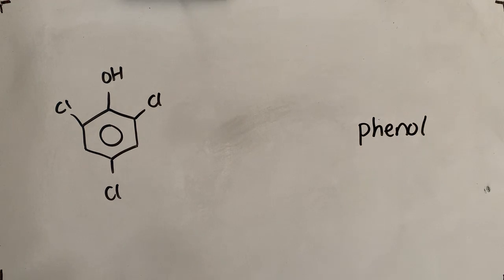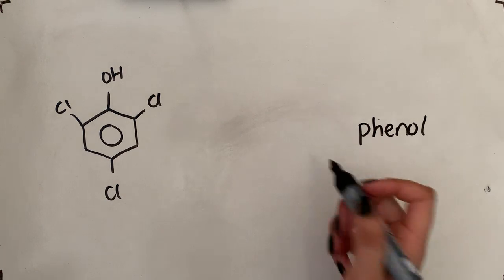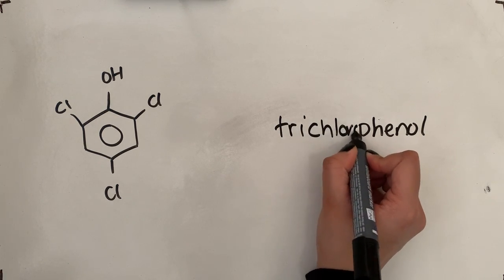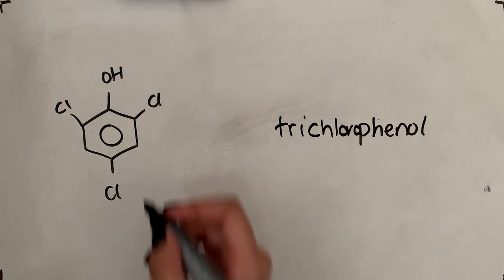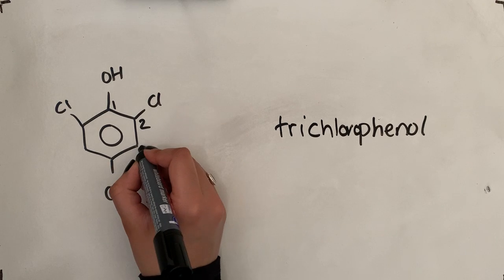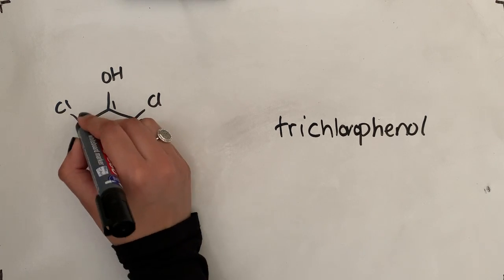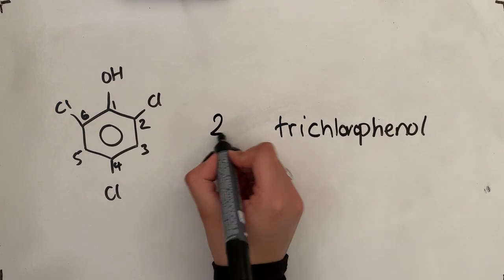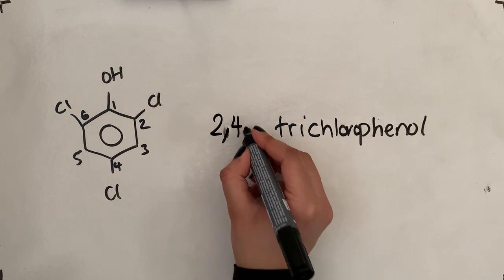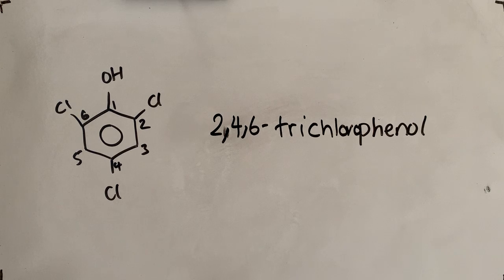We've got 3 chlorines, so it's going to be trichlorophenol, like that. And again, the hydroxyl group is on carbon number 1. So if we just put all the numbers in, this compound here is therefore called 2,4,6-trichlorophenol.